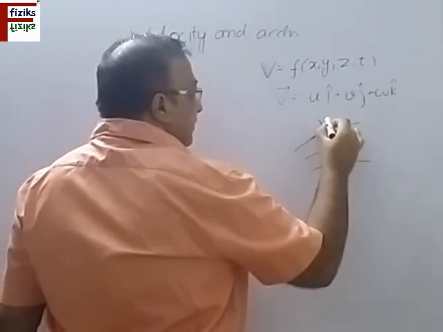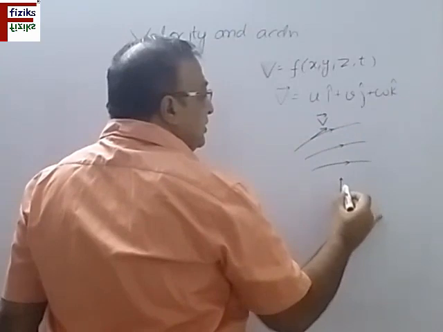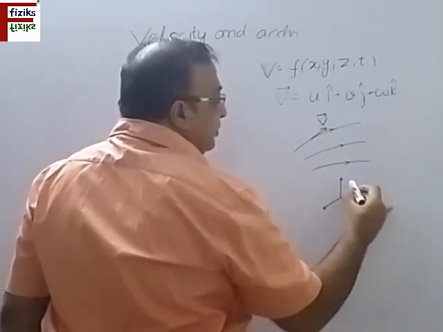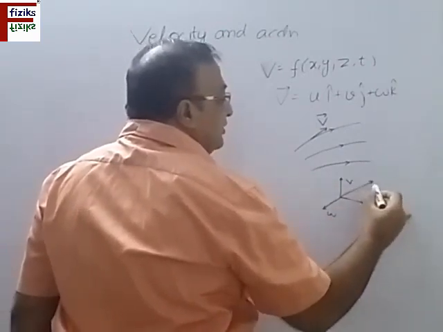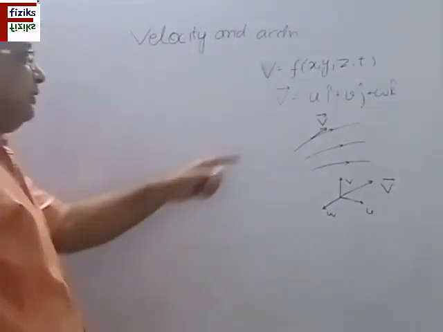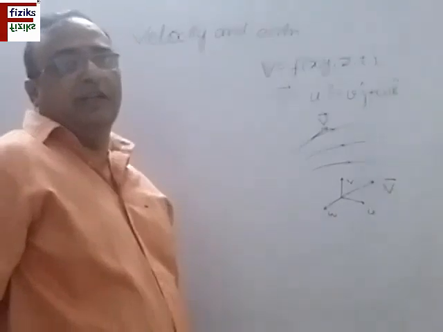So this is velocity vector V, having three components along x, y and z direction, u and v and w, and the total vector is this V. So u, v, w, they are also the functions of space and time, x, y, z and t.